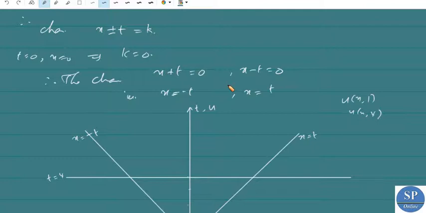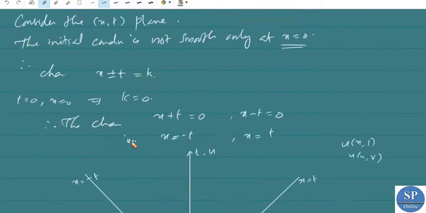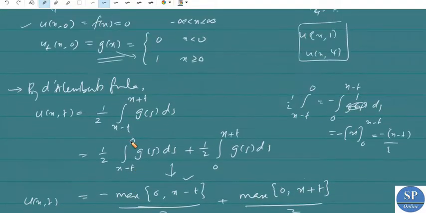So what about the support? Support is nothing but the interval at which these waves are not equal to 0. To find the support at t equal to 1, we have g of x minus t, that is g of x minus 1, which is not equal to 0 only if x is greater than or equal to 0.